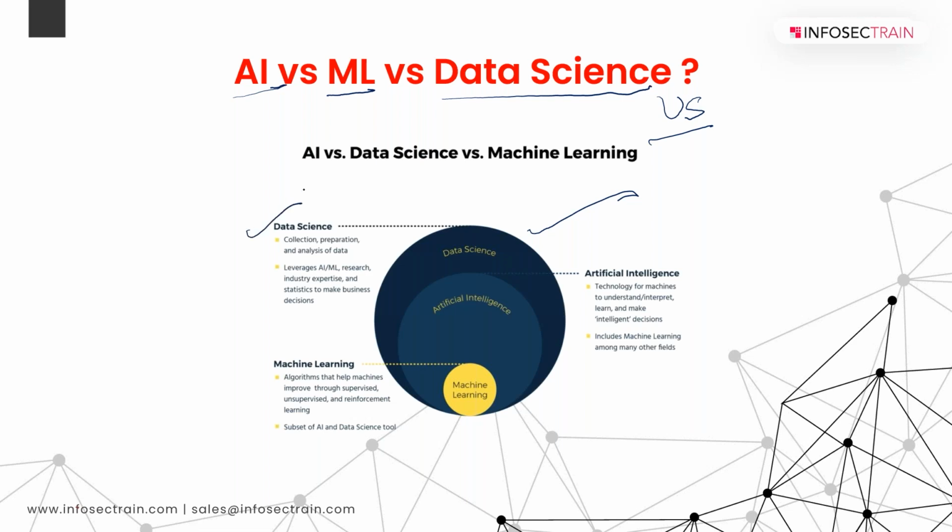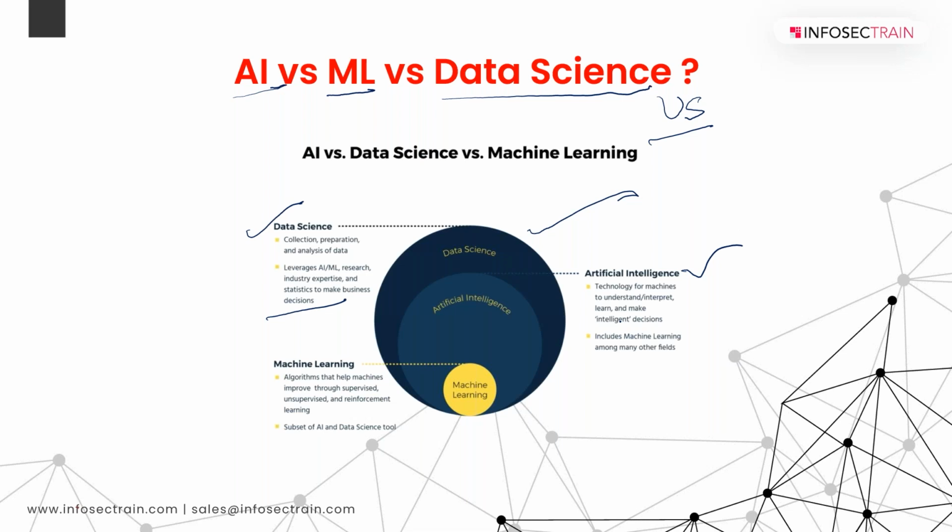So first, data science is about the collection, preparation and analysis of data, right? And it leverages AI, ML, research, industry expertise and statistics to make business decisions, right? Next thing that we have is AI, technology for machines to understand, interpret, learn, and make intelligent decisions.